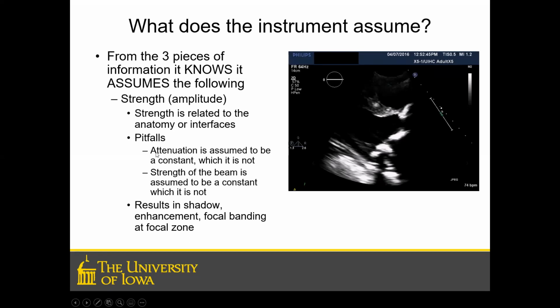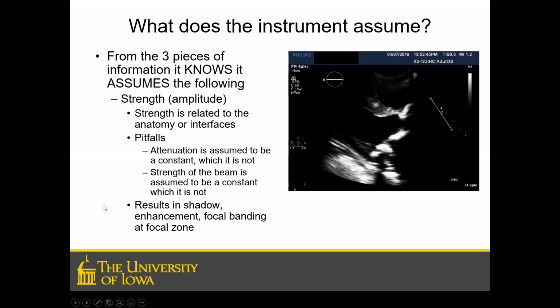Unfortunately, not everything that we're imaging through is soft tissue. So that attenuation is not a constant. And when the attenuation is different than what is assumed, we get artifacts, specifically shadows and enhancement. Typically with echo imaging, you tend to see less areas of enhancement, but we see lots of shadows that we'll look at.